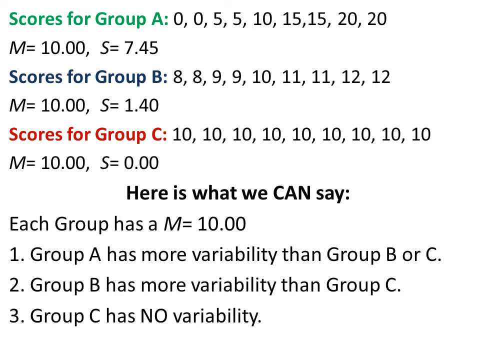Based on the standard deviations, group A, with a standard deviation of 7.45, has more variability than group B or C. The standard deviation for group B is 1.40, which means that group B has more variability than group C. Group C has no variability, as the standard deviation is 0.00.